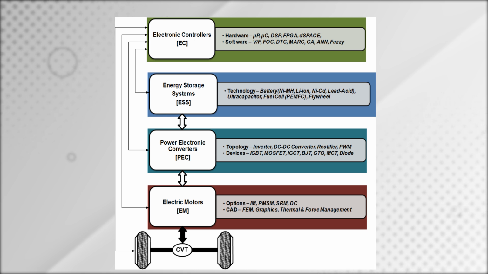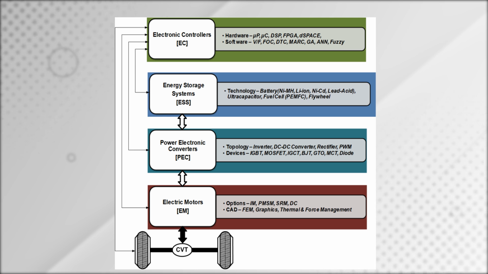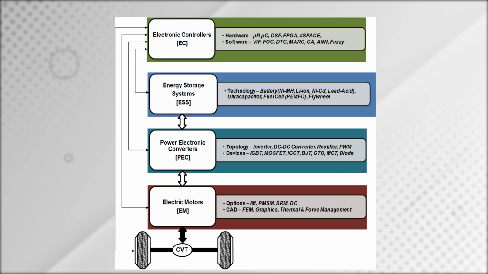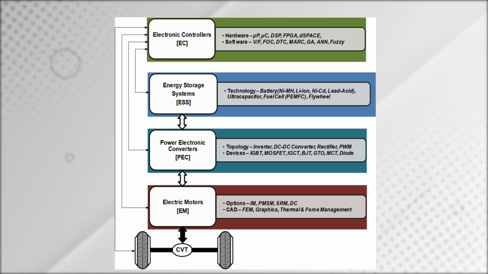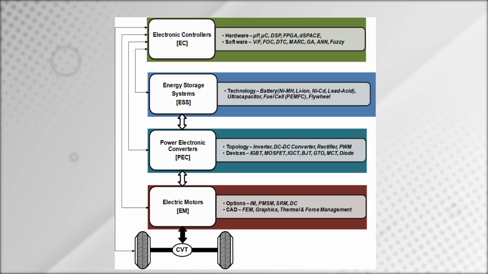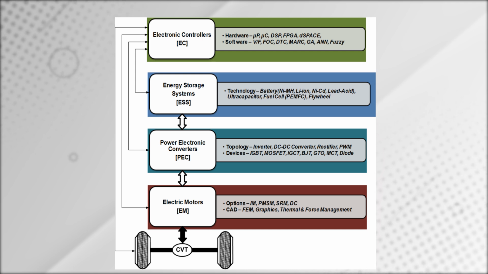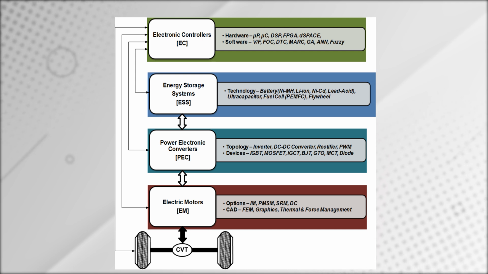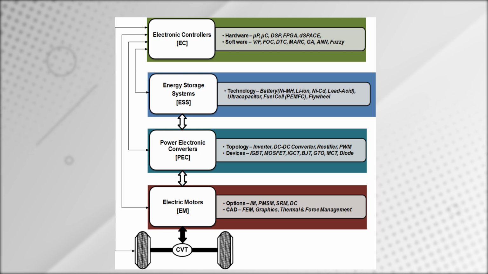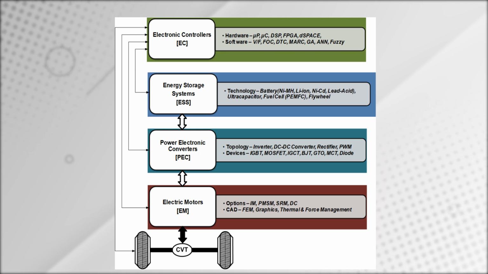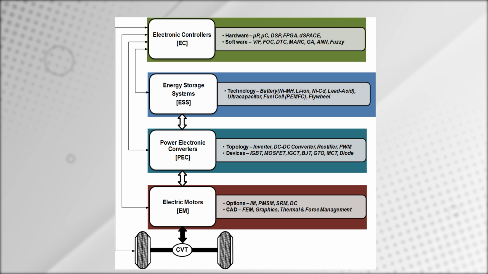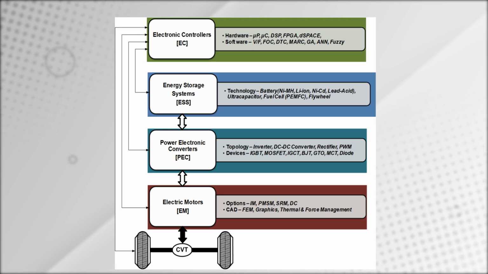As for the devices used in these converters, they are IGBTs, MOSFETs and in future one might get silicon carbide and gallium nitride devices for the synthesis of these power electronics topologies.